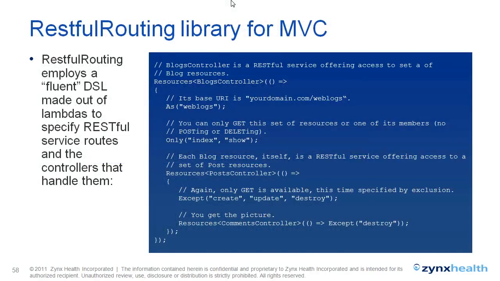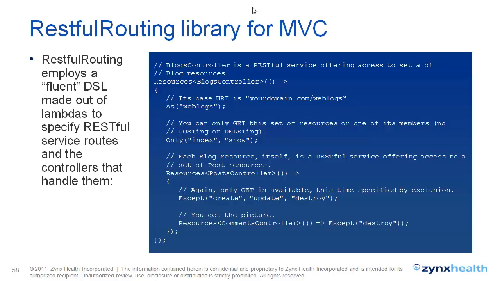So the RESTful routing library uses a Fluent DSL, domain-specific language, built out of lambdas in C# to express the routing hierarchy. And this is very similar to other Fluent DSL-like embedded languages in C#, like Fluent NHibernate. This sort of thing is all the rage in the C# community.